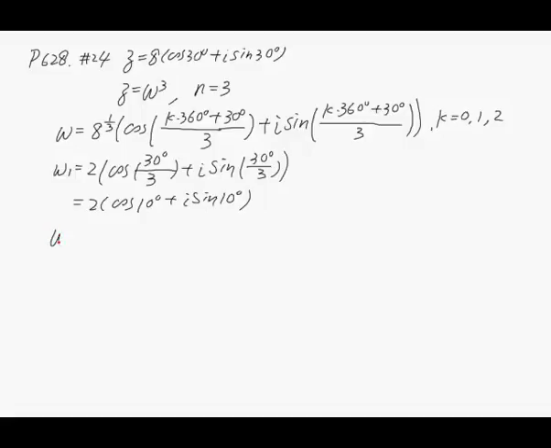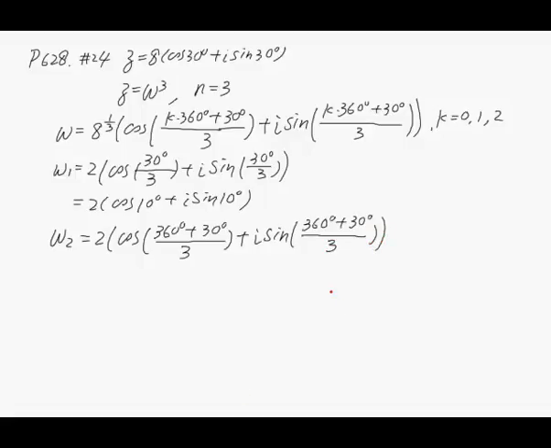Now let's look at the second cube root of this complex number. So modulus is still equal to 2, and times cosine. And this time k is equal to 1. Okay, so you have 1 times 360 degrees plus 30 degrees divided by 3, and plus i times sine of (360 degrees plus 30 degrees) over 3.